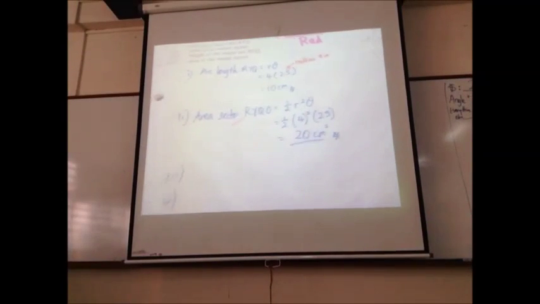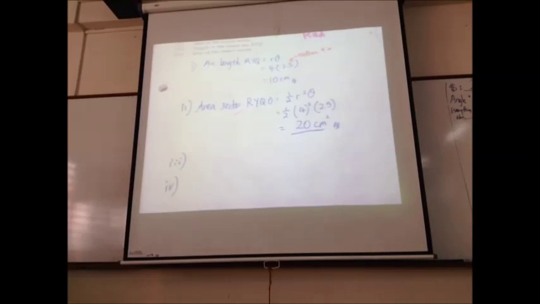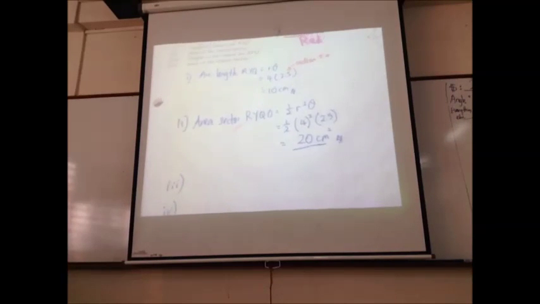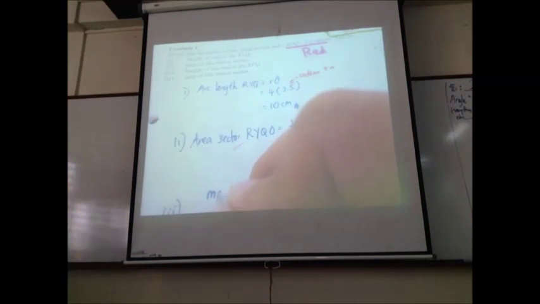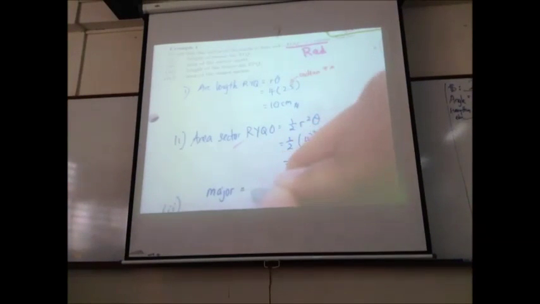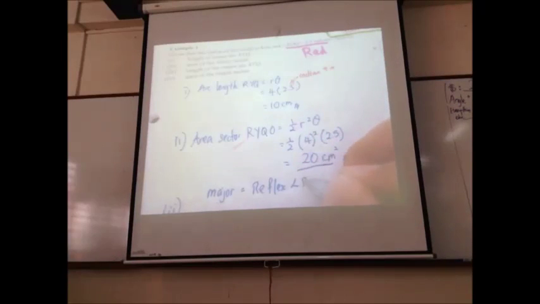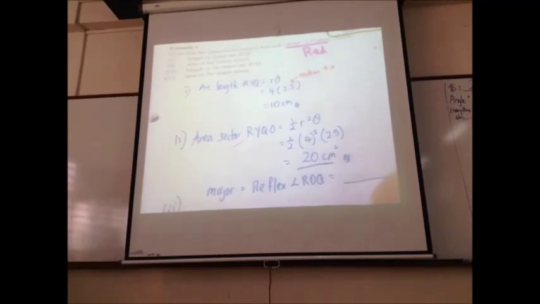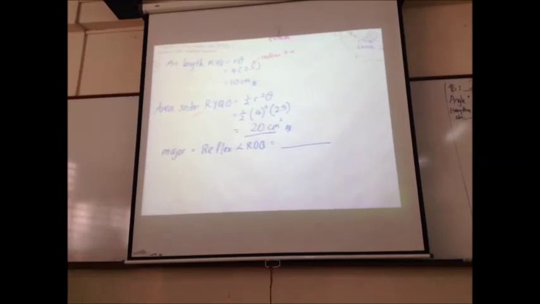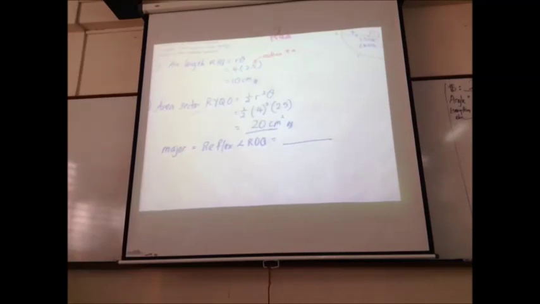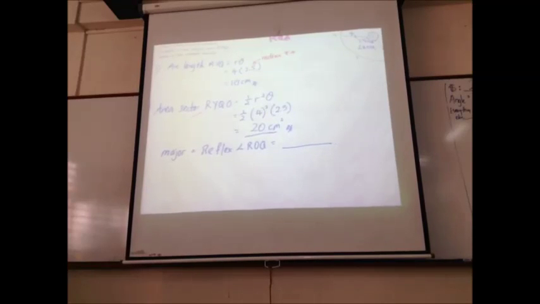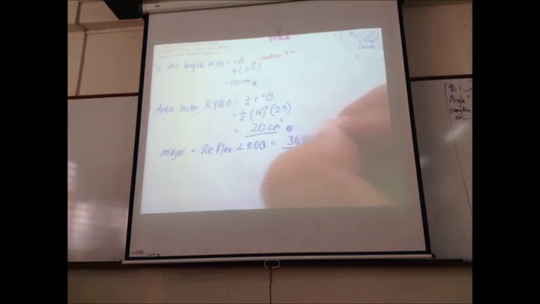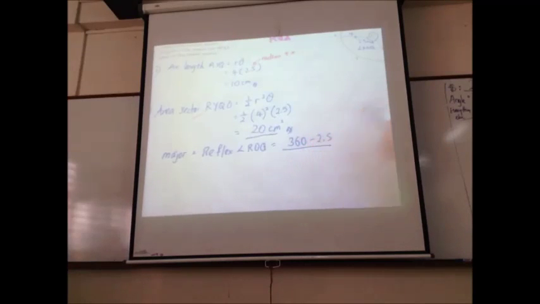Now, 3 and 4, the only thing you need to identify is the word major. So, if you know about major, then you need to use reflex angle ROQ. Can you calculate for me? How to calculate reflex angle ROQ? Is it 360 minus 2.5? Oh, very good. 360 minus 2.5. What's the answer?